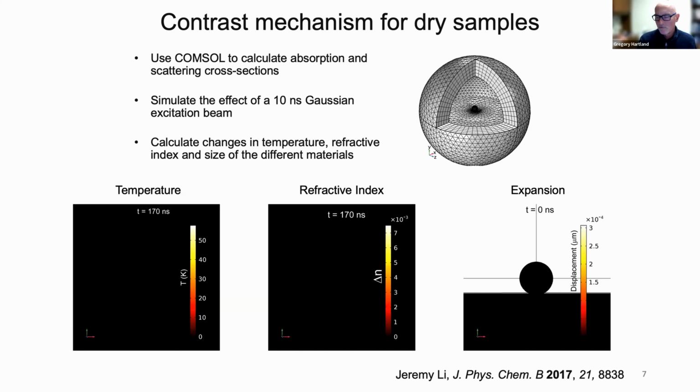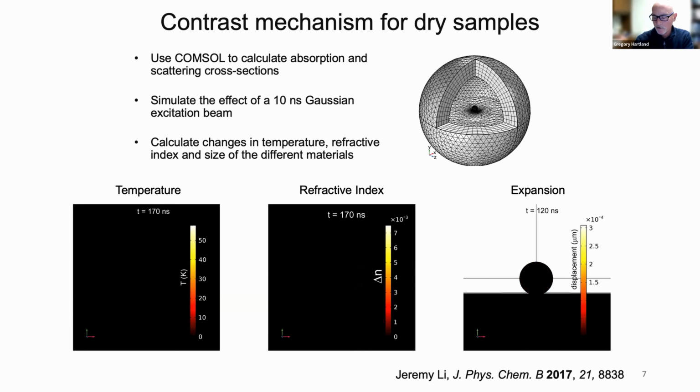There's a big change in the refractive index of the bead, but not much anywhere else in the system, because, well, you saw there's a large temperature change in the air, but air has a very small refractive index change, so you just don't see it. And likewise, we're just looking at the expansion of the bead, and there's a change in the size of the bead from the heating. Well, not a large change, but there's a change.